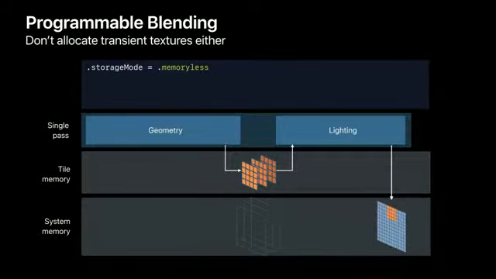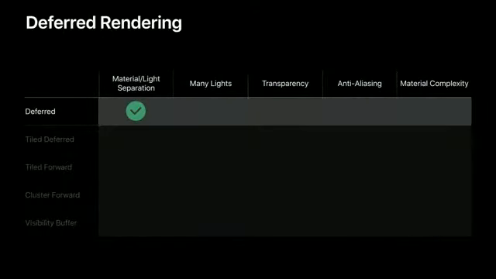With these steps, we now end up with an iOS implementation that has all the benefits, but without any of the memory or bandwidth overhead of a G-buffer. Before we move on to tile deferred, let's summarize. The separation of the geometry and lighting paths makes this a very versatile technique.